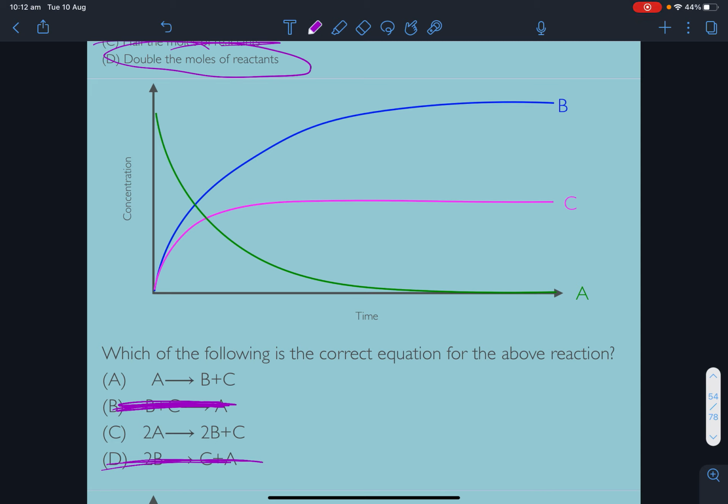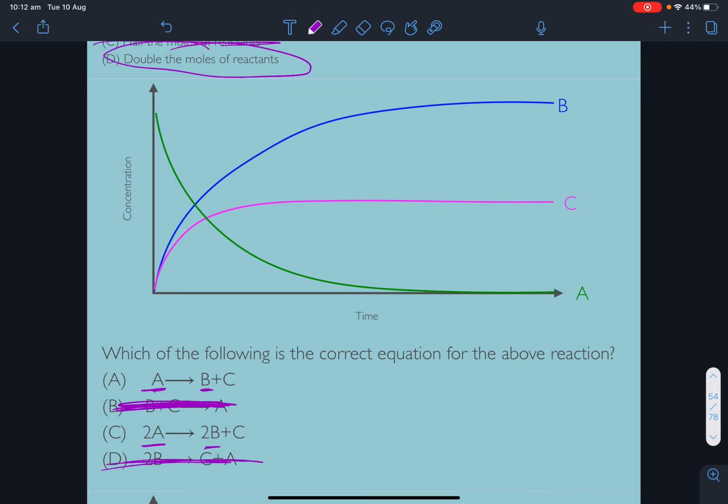A and B look like mirror images of each other, so they're kind of like in a 1-to-1 ratio. Let's check that. In A, we've got 1A going to 1B. That's all good. In C, we've got 2A going to 2B. Well, that hasn't helped us.